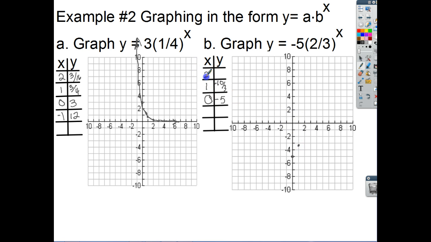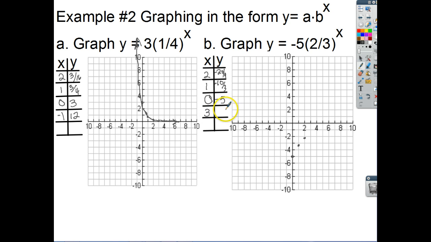Let's go to 2. And when we square 2/3, we get 4/9, and then we times it by -5, and we get -20/9. Okay, so that's a little over 2, because 18/9 would be 2, so a little over 2, maybe right about in here. Okay, so it looks like that line is going to be curving this way. I probably need to do a few more points in this direction. So I'm going to drop down here and put 3 in.